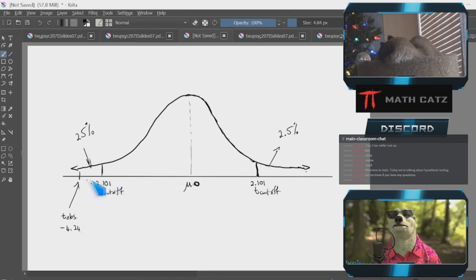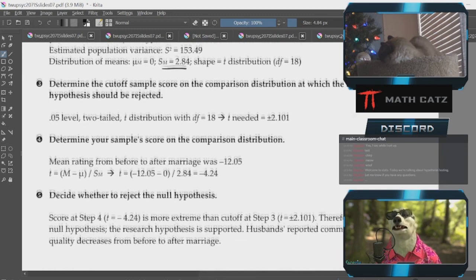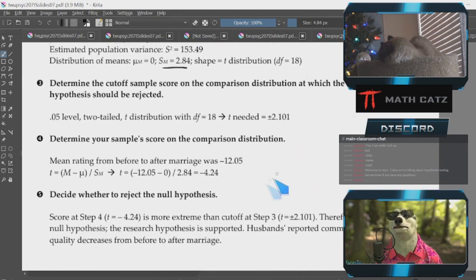That is beyond the cutoff, and we therefore say that this is strong enough evidence to suggest that the difference between the two means is not 0, which means there is a difference in the effect of counseling.